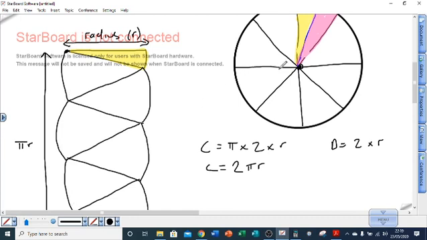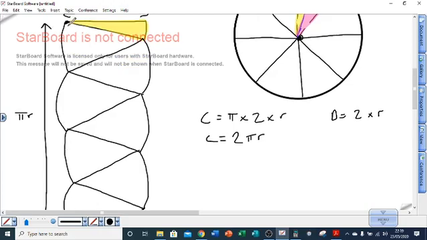Now, what you need to understand is that if you use very fine slivers, this wouldn't be curved, it would be perfectly straight. It would make a nice rectangle. And you know, to work out the area of a rectangle, area equals length times width. Well, you know the length is pi r, so let's rewrite it.